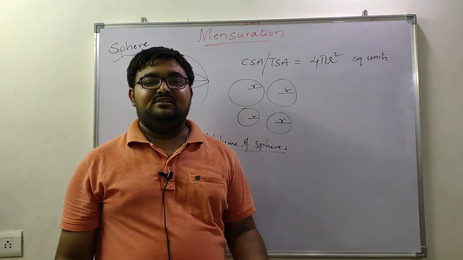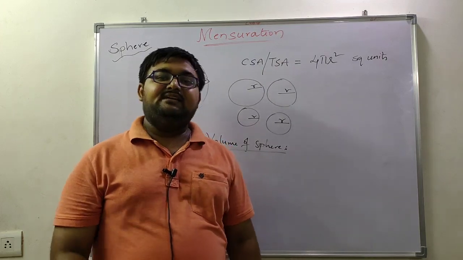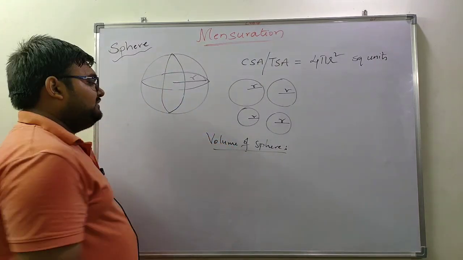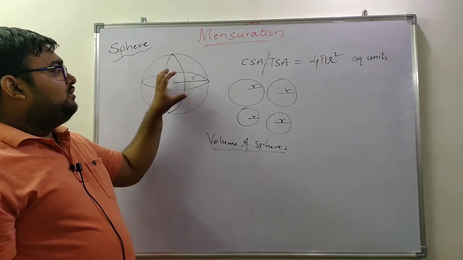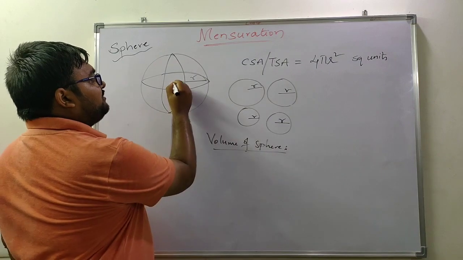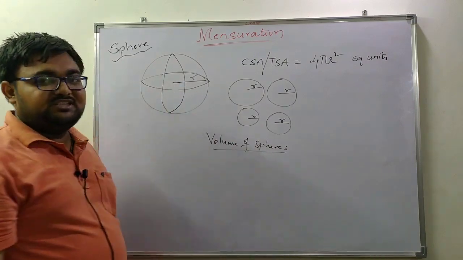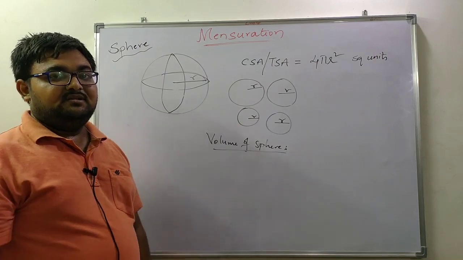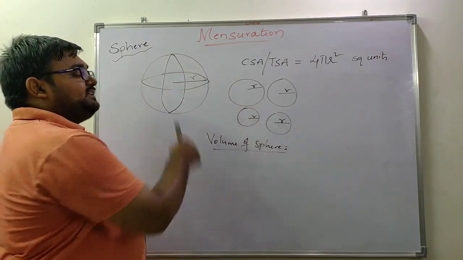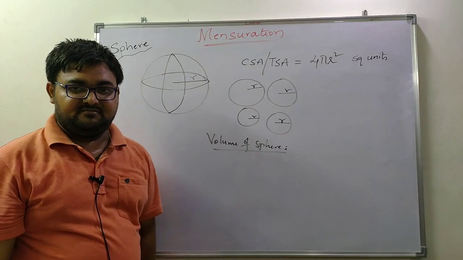If it is good, then you will purchase it, right? The same way, for this particular sphere, I am going to cut out the smallest portions with the bases as squares, and to the center I am going to cut the pyramid.